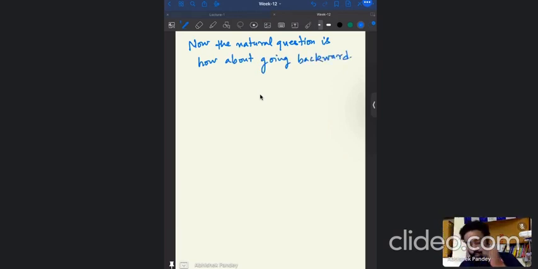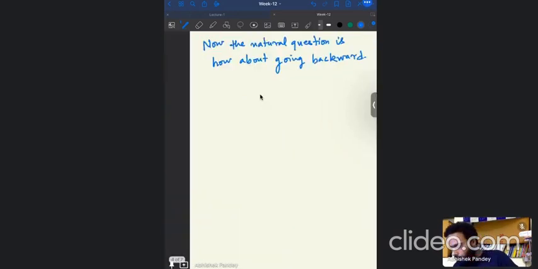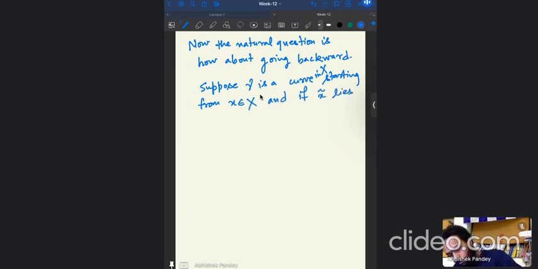Okay, so what does it mean? It means that suppose you have a point x here. Suppose gamma is a curve in X starting from x belonging to capital X, and if x tilde lies over x, that is basically rho of x tilde is x.